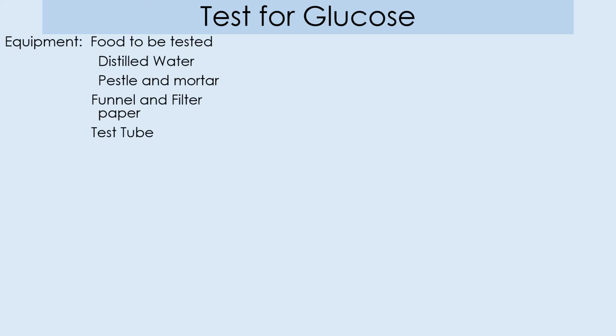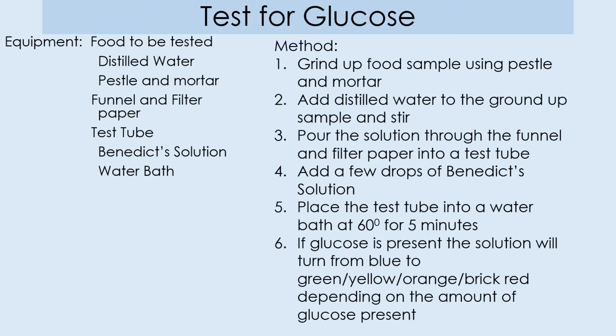Next up, we'll be looking at testing for glucose. So to test for glucose, we've got similar equipment, apart from this time we also have Benedict's solution and a water bath. Method, very similar to start off with, but this time we add in Benedict's solution and we then place the test tube into a water bath at least 60 degrees.